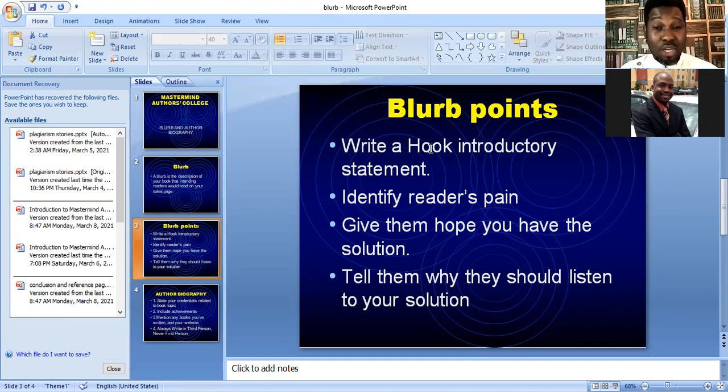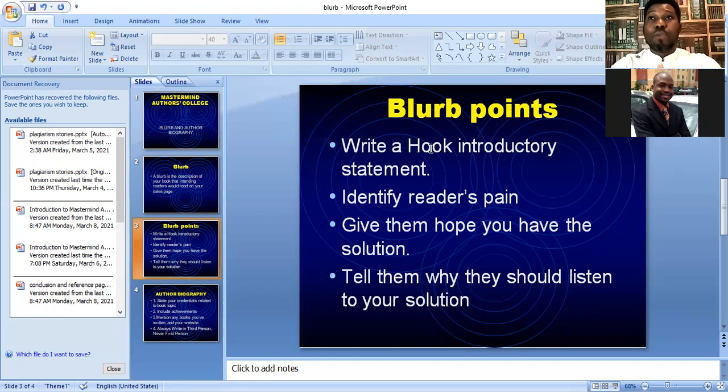And then the next thing you want to do is identify the reader's pain. If you are writing nonfiction, you already know that your book is about providing solutions to different problems. So your blurb should identify the pain of the reader.